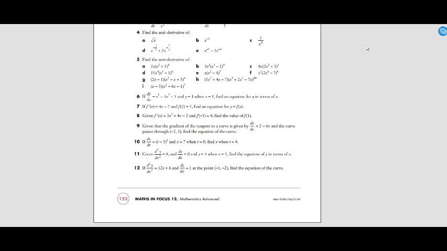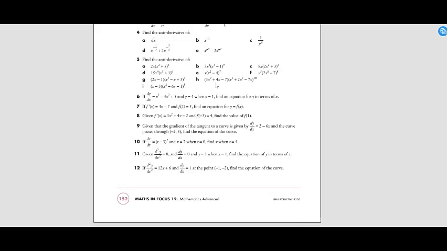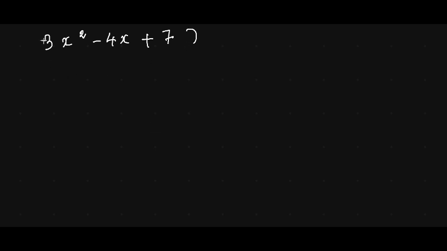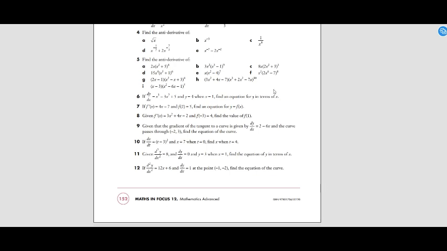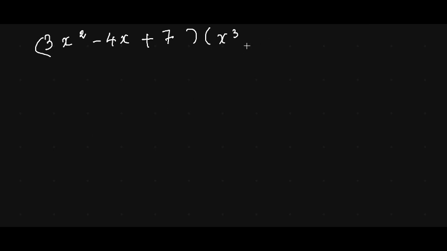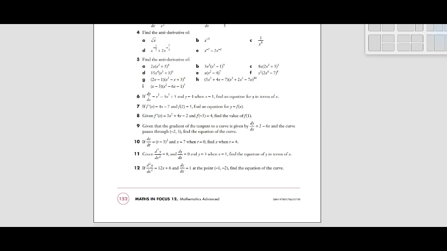Okay, now I'm going to take the more complex one. It is 3x squared plus 4x minus 7, into x cubed plus 2x squared minus 7x.